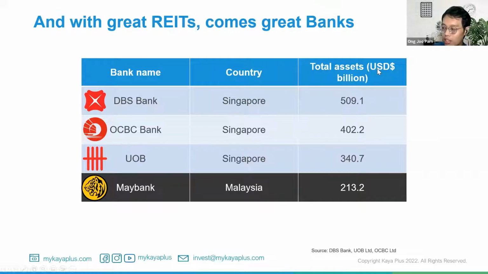The biggest bank in Malaysia, Maybank, only has 213 billion in total assets. So that is roughly 1.5 times smaller compared to UOB, and more than 2 times smaller than DBS Bank. So imagine the size of the Singapore banks when you compare it against Malaysia's largest bank.